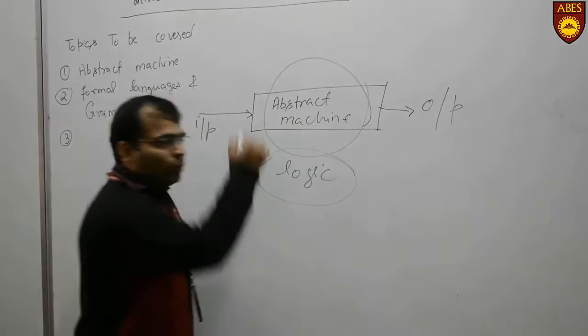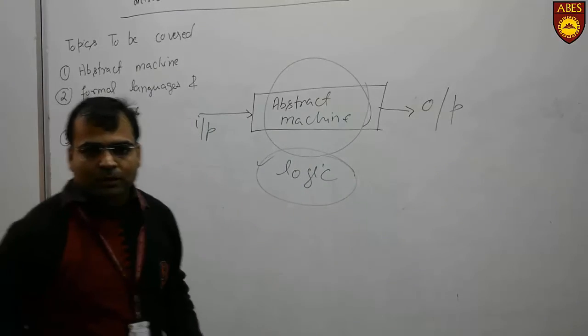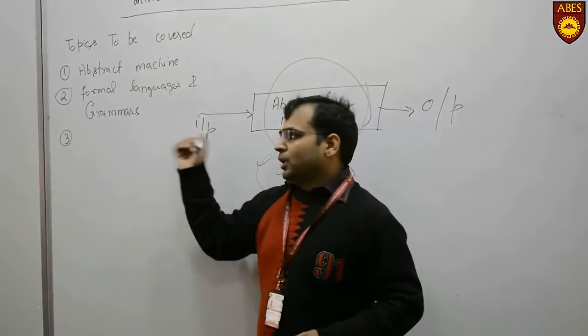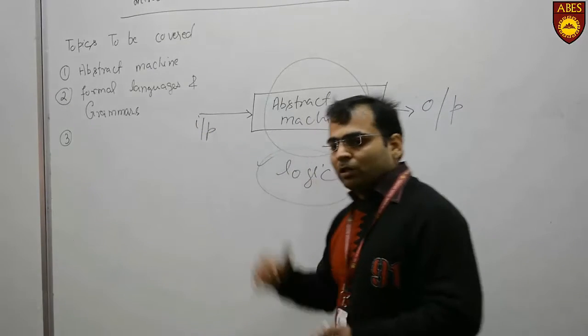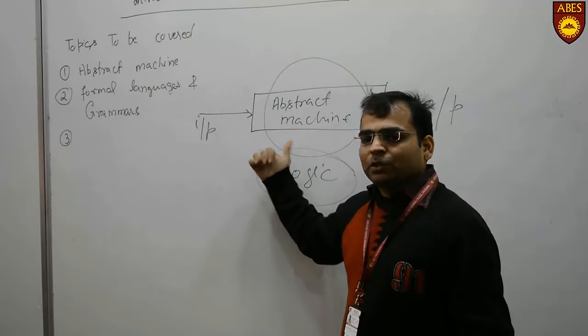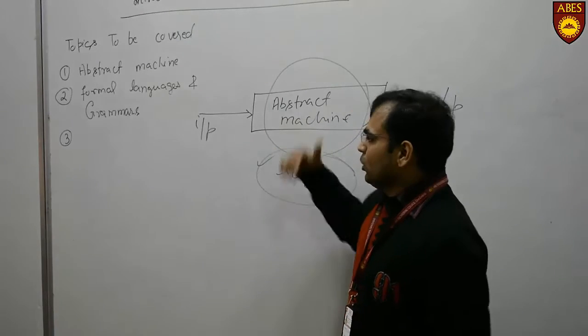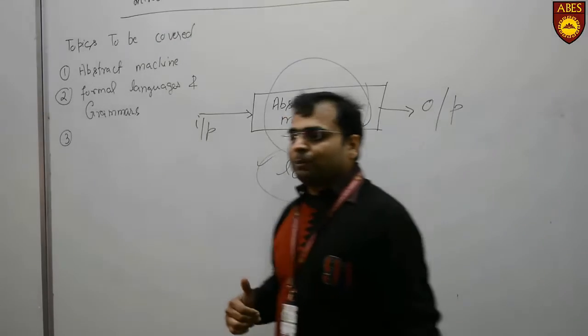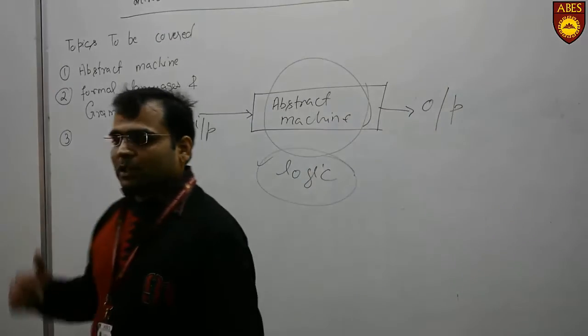So how could we do that? That's a very important question, and it needs some description of how the theory of automata is going to help us in designing that abstract machine. For every abstract machine there will be certain input.